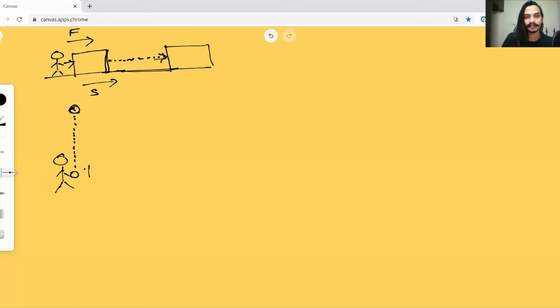That is simple. He's throwing it up, so the force is in the upward direction. Now, what direction is the displacement in? Which direction is the object moving in? The ball is moving from here to here, in the same direction. So both my force and displacement are again in the same direction.